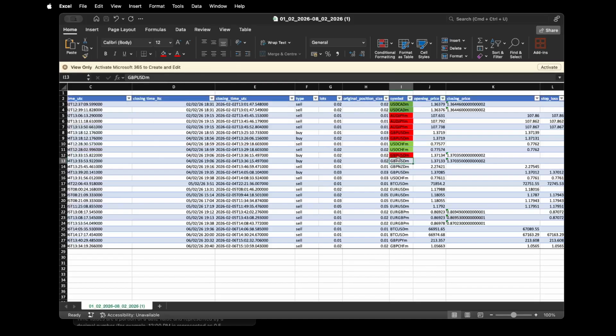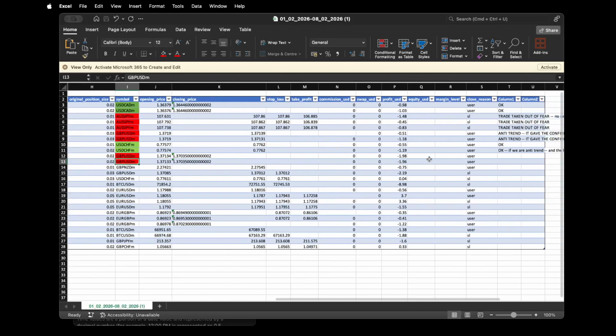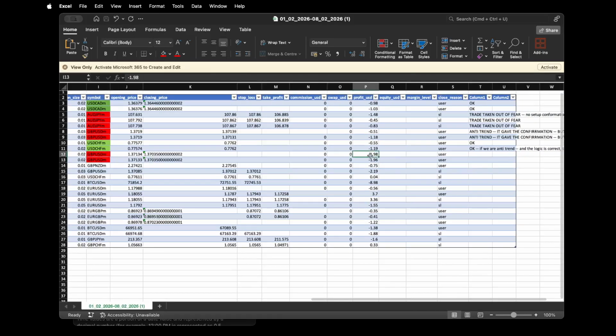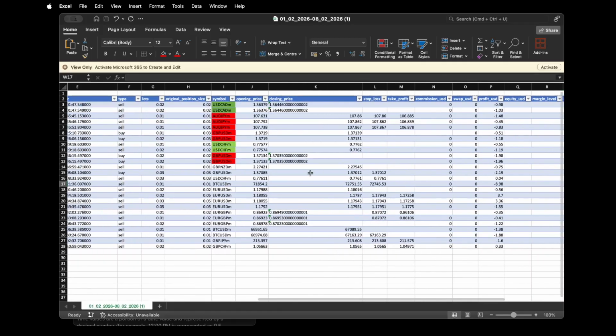Seriously, we overtraded and we would have made huge losses. Overtrading, we just could not see the real logic in here.